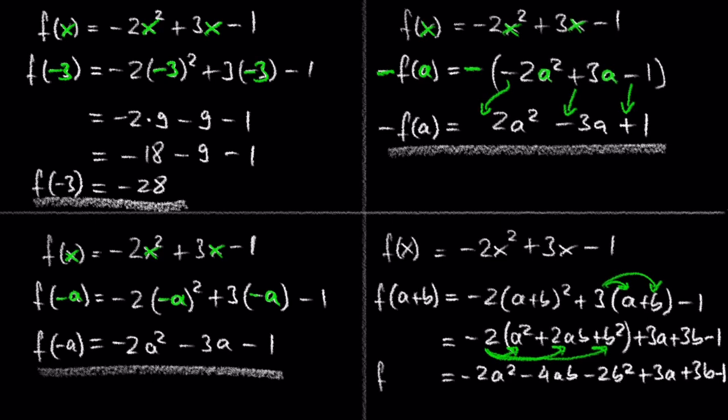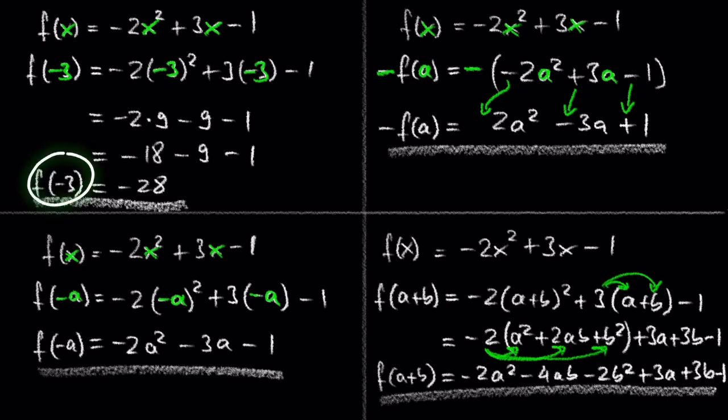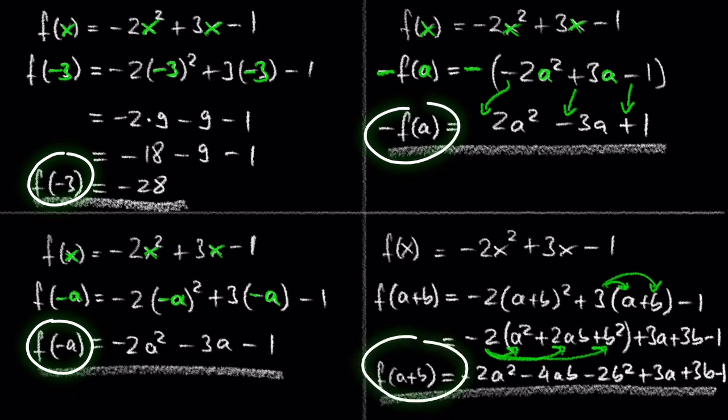So f of a plus b equals negative 2a squared minus 4ab minus 2b squared plus 3a plus 3b minus 1. And we're done with evaluating the function negative 2x squared plus 3x minus 1 at the values f of negative 3, f of negative a, negative f of a, and f of a plus b.